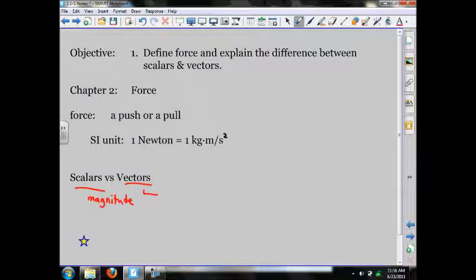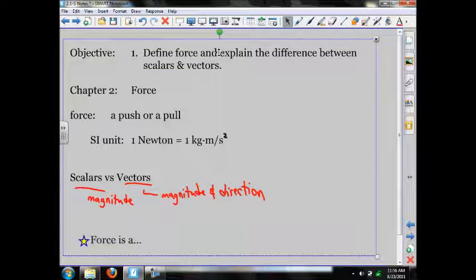And the vector not only has magnitude, but direction. It is a vector, good. If something is being pulled 4 newtons to the east, that is going to be significantly different than if it's being pulled 4 newtons to the south. So force is going to be a vector.